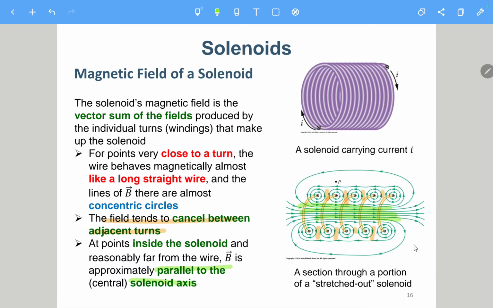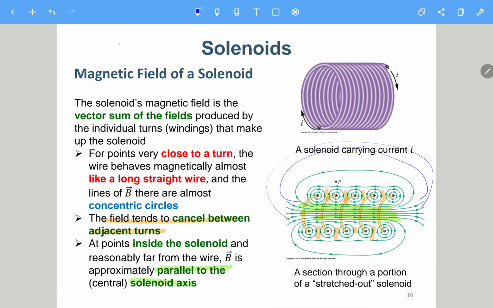And then, of course, outside the solenoid, the field will be something like that. Actually, it is a magnetic dipole. If you still remember the electric field lines of the electric dipole, it is somehow like this, but of course at that time it is rotated 90 degrees counterclockwise.